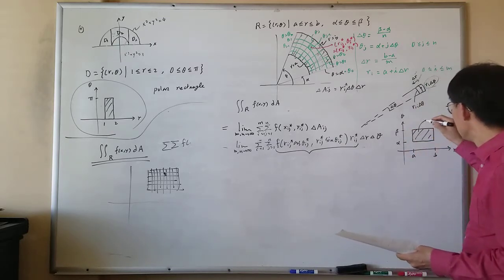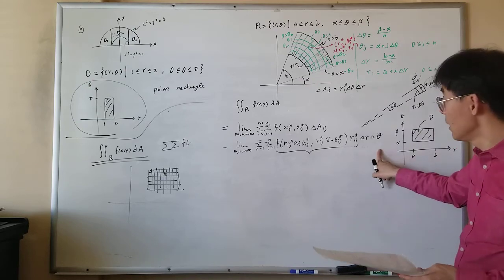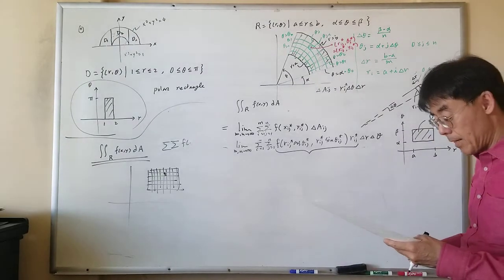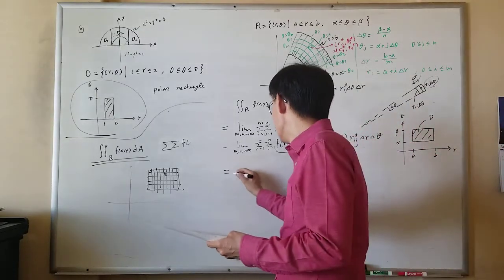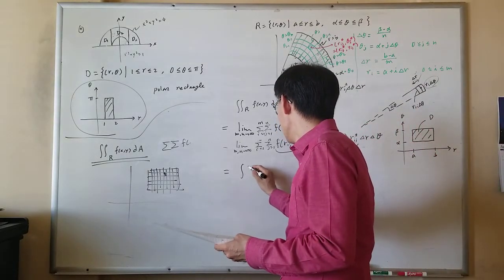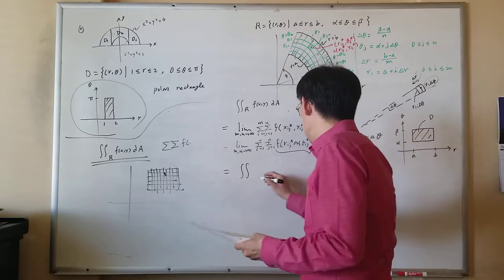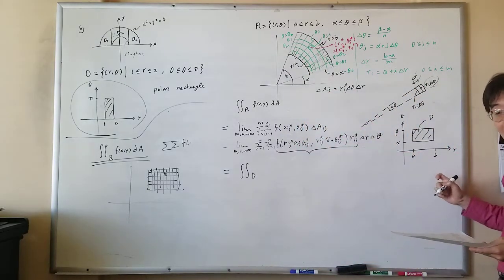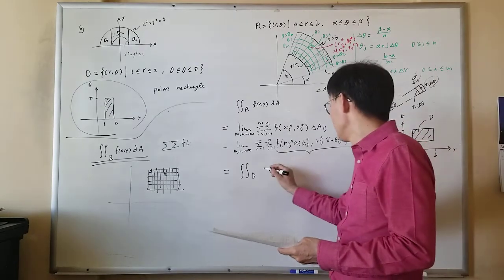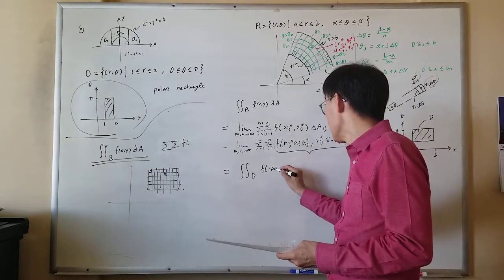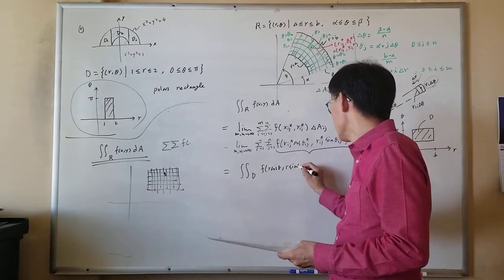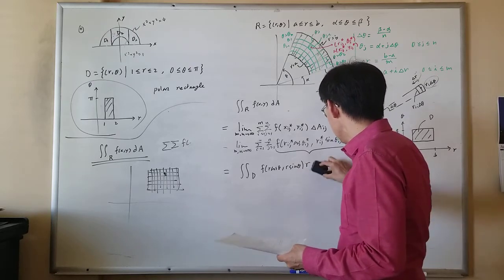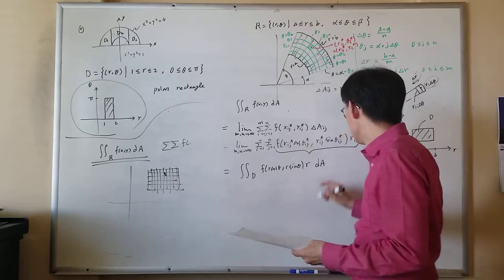So if I call it D, this is just like a double integral over this D in the corresponding r theta plane of this function, f of r cosine theta, r sine theta, times r dA, right?